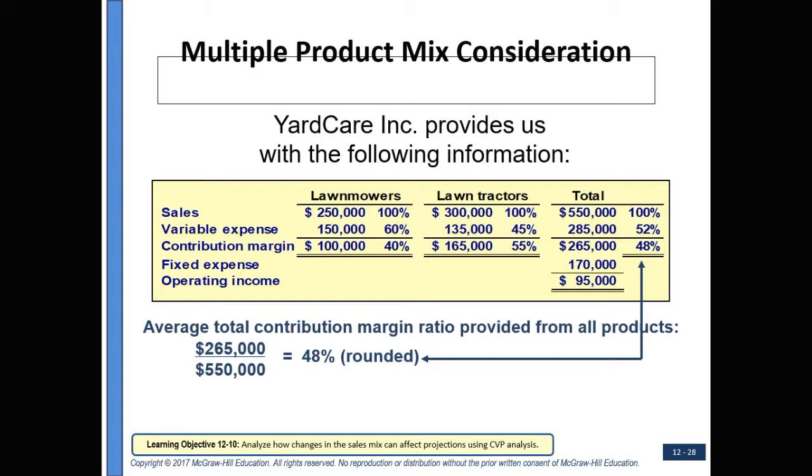That is the $265,000 of contribution margin divided by the $550,000 in sales. That's how we determine the contribution margin ratio. How will the average total contribution margin change if Jones sold 1,500 lawn tractors and all other factors were held constant?